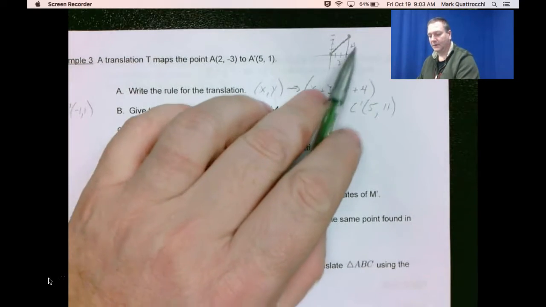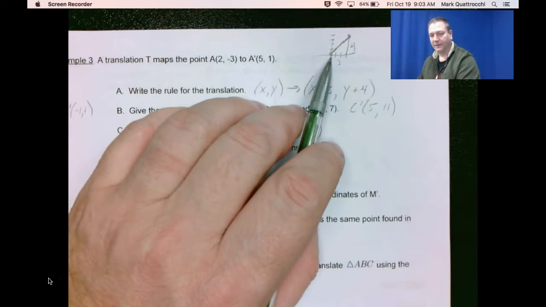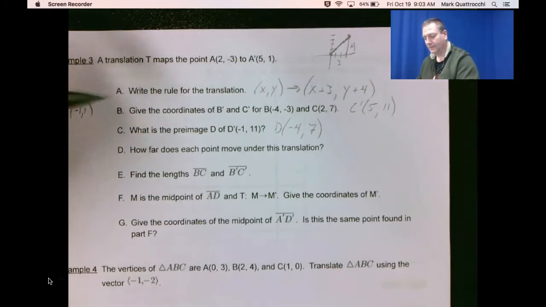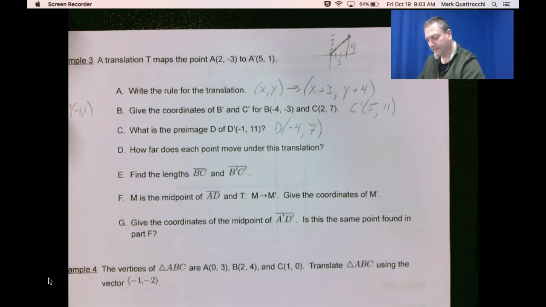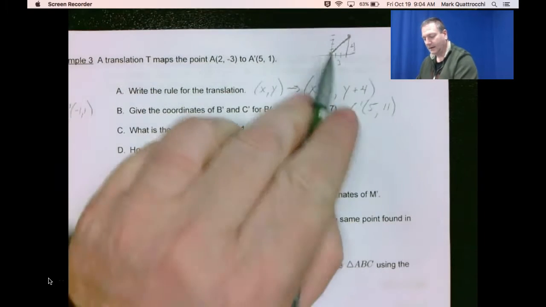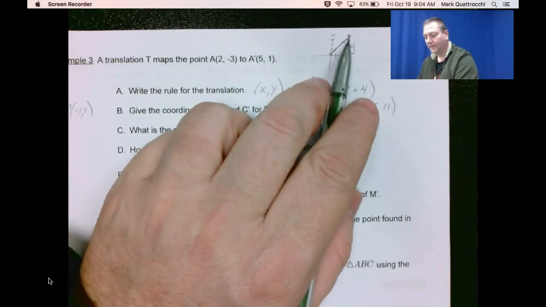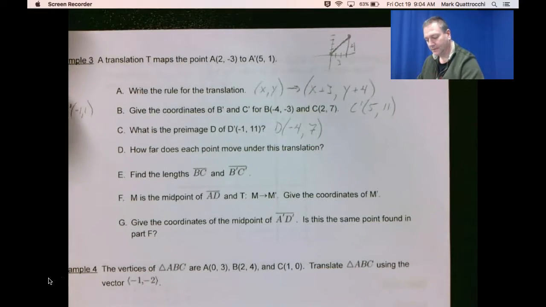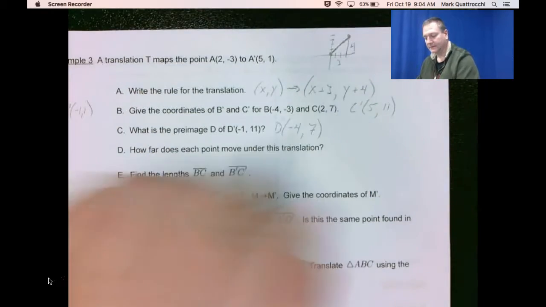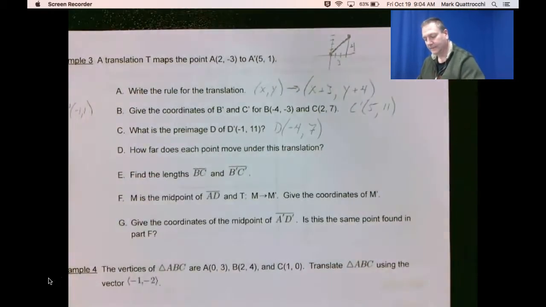And we can do distance formula or Pythagorean theorem. We'll do distance formula. And again, I'm using 0, 0 and 3, 4. You can use any 2 points following this translation.